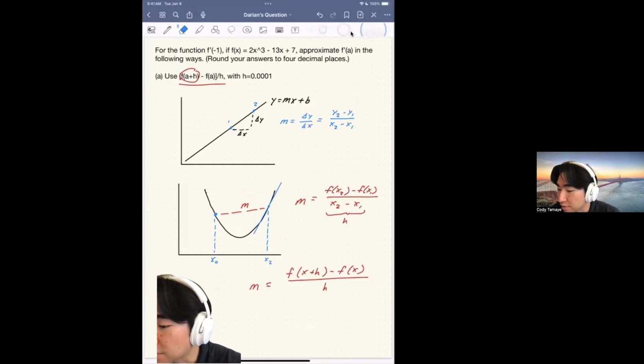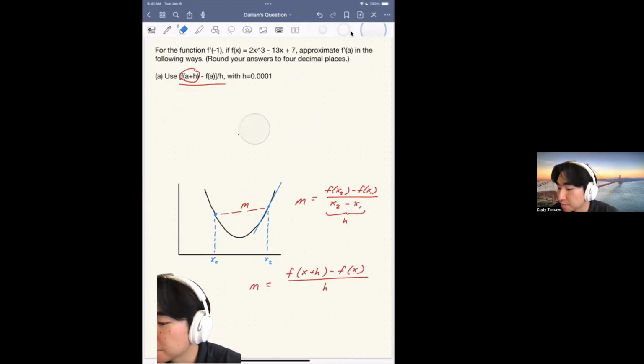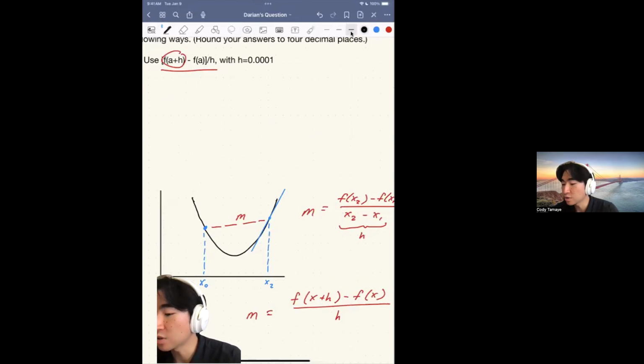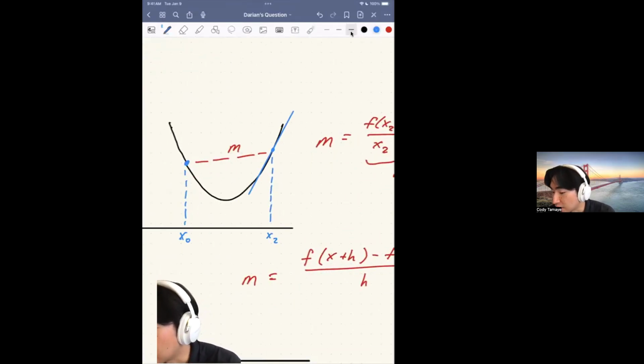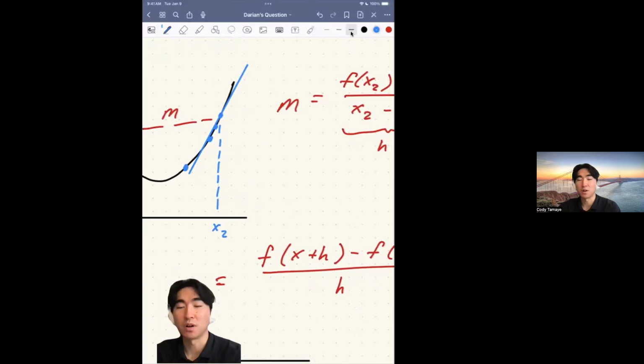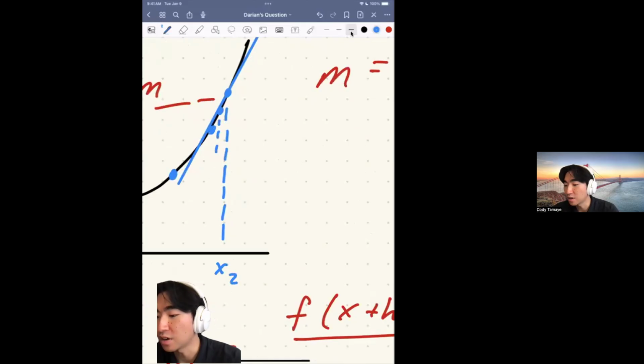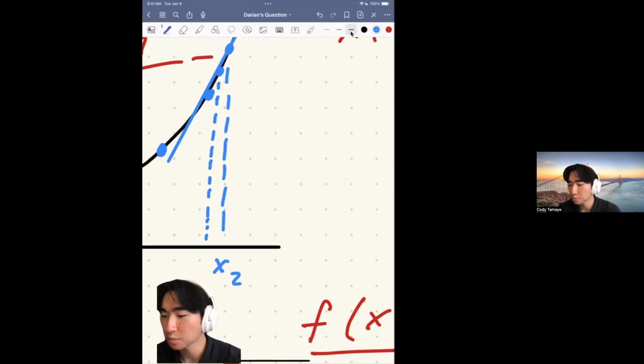Now, the interesting thing is that as we get closer and closer to the actual value of x2, let's say here, here, or even here, our value of h gets smaller and smaller because the difference between this point and x2 is now very small.